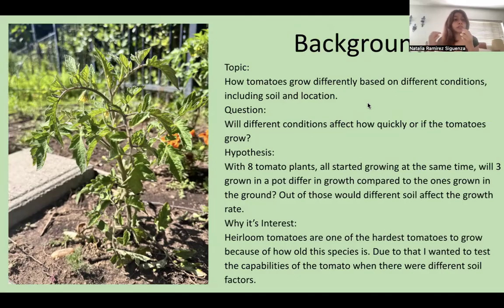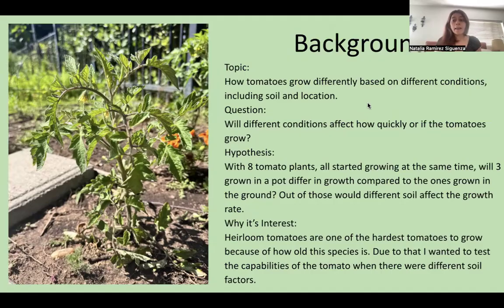Would the tomatoes grow faster, or would they grow slower, or would they stop growing at all, like the two together, if they would compete with each other, and if so, what would be the effects of that? That was my general hypothesis. So I did have 8 tomatoes. Two, I counted as one, although separately I had 8 tomatoes total.